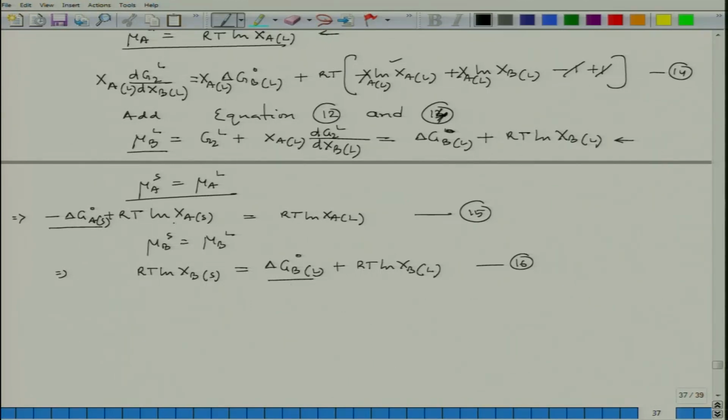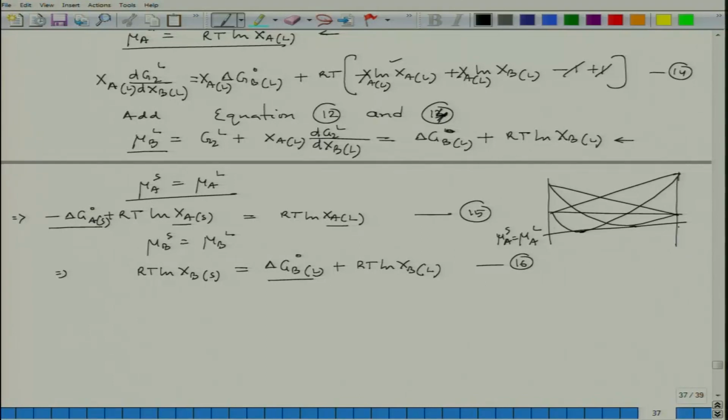Now here if we see these terms XAS and XAL, if I try to plot that miniature plot, so this is mu As equal to mu A liquid, this is mu Bs equal to mu B liquid.